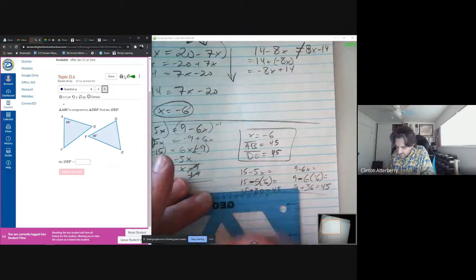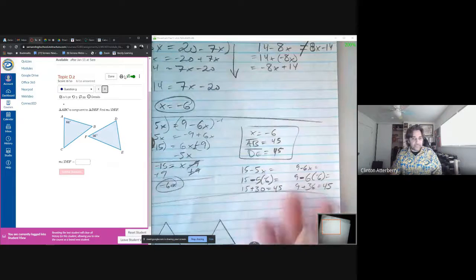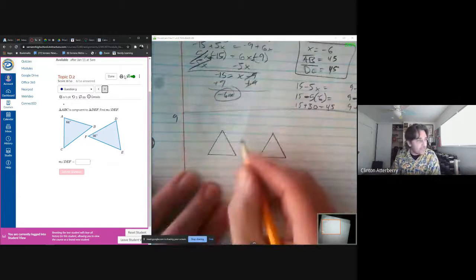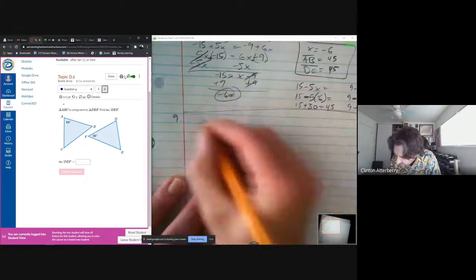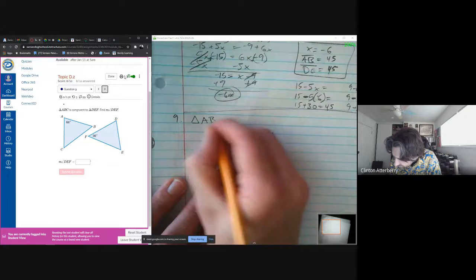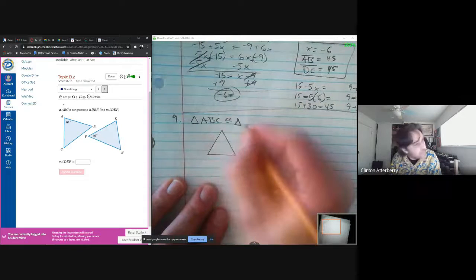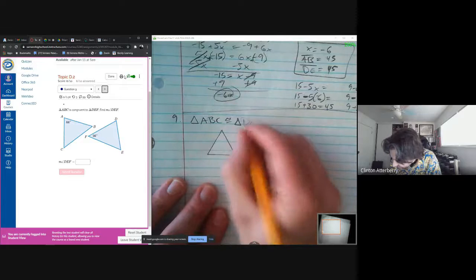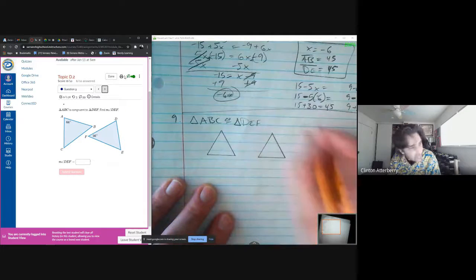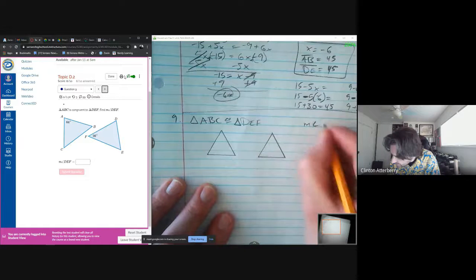Let's create some space. All right, so the first one, it says triangle ABC is congruent to triangle DEF. Okay, and we're trying to find the measurement of angle DEF.